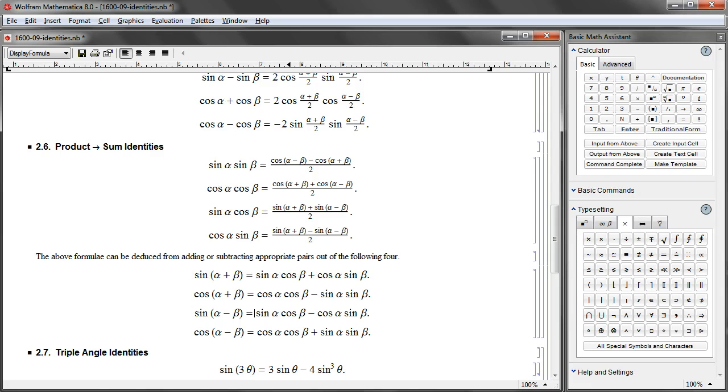If we add, we have these two, and then these cosine sine terms will cancel each other out. Good, bingo. So this part and that part will disappear. If you add them up, you're going to get twice sine alpha times cosine of beta. If you add up this one and that one, dividing 2 away, you're going to get precisely what you wanted.